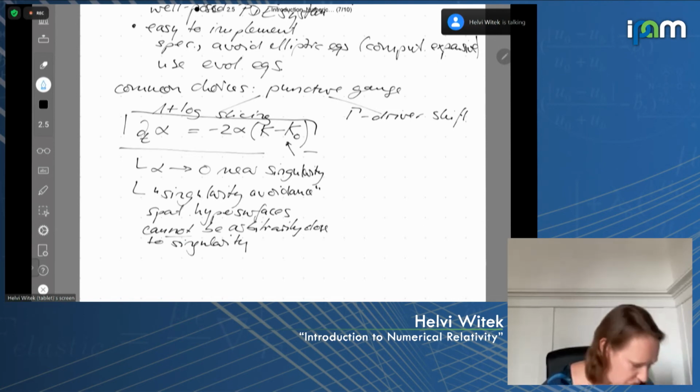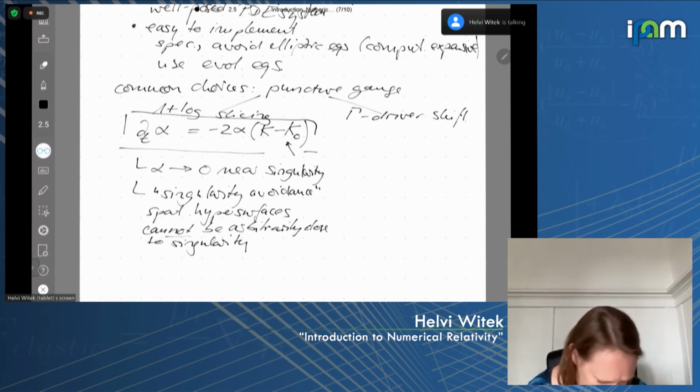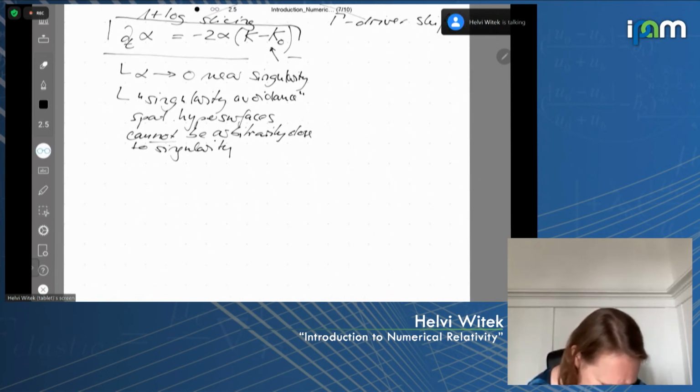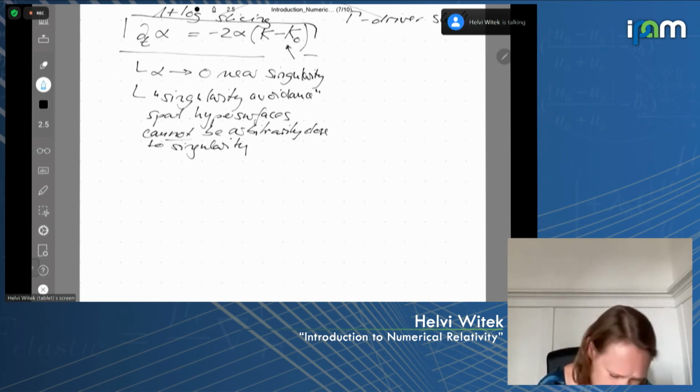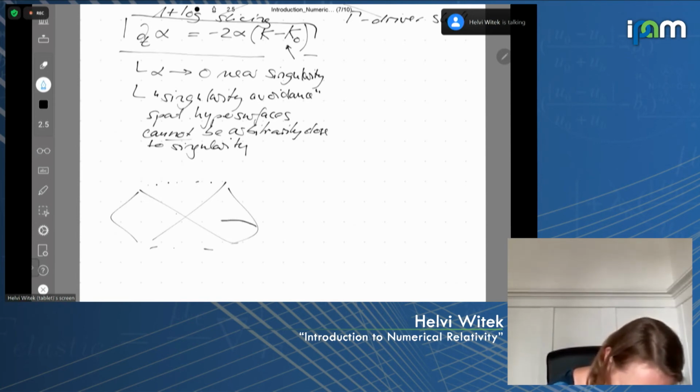So if I were to plot our slices in a Penrose diagram, let me just try this. I'm not very artistic, so I apologize in advance, but I hope I can give you a bit of an idea. If I take our Penrose diagram here, our singularity up there, then our slices would typically look something like this. Go here, and they're smooth, so go here into the interior and end up over here.